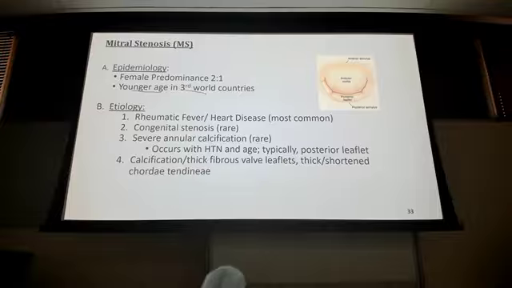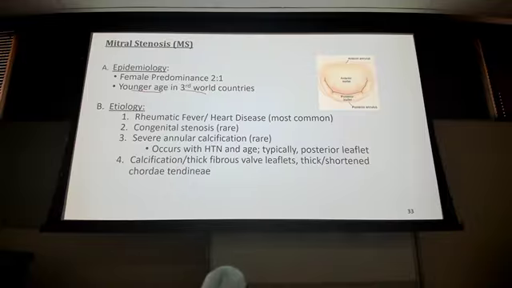And the population that's most at risk of developing that is the under-industrialized, underserved countries. So it tends to be younger there than in industrialized nations, where it tends to be a much older population that develops this mitral stenosis. And if you look at the etiologies, it'll make sense why we see those two patterns, okay?